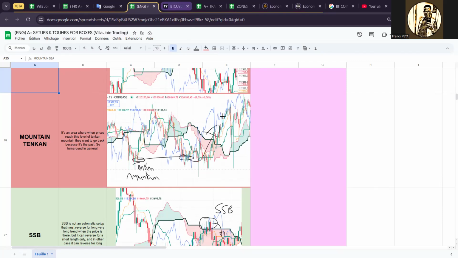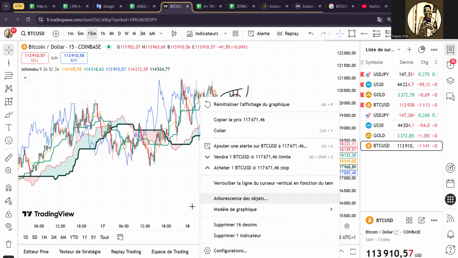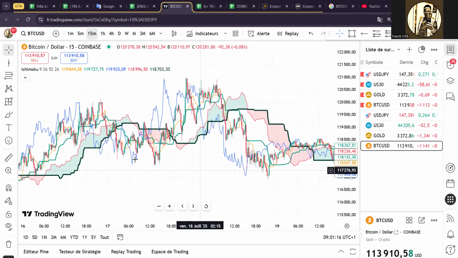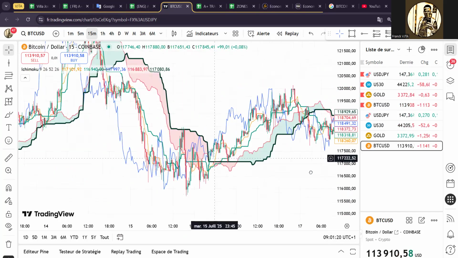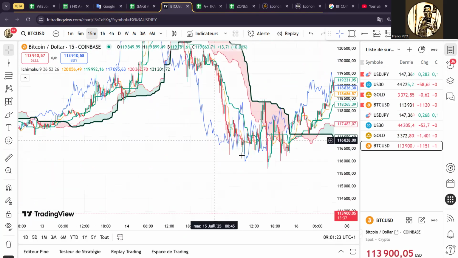Mountain Tenkan is simply another part of the zone.